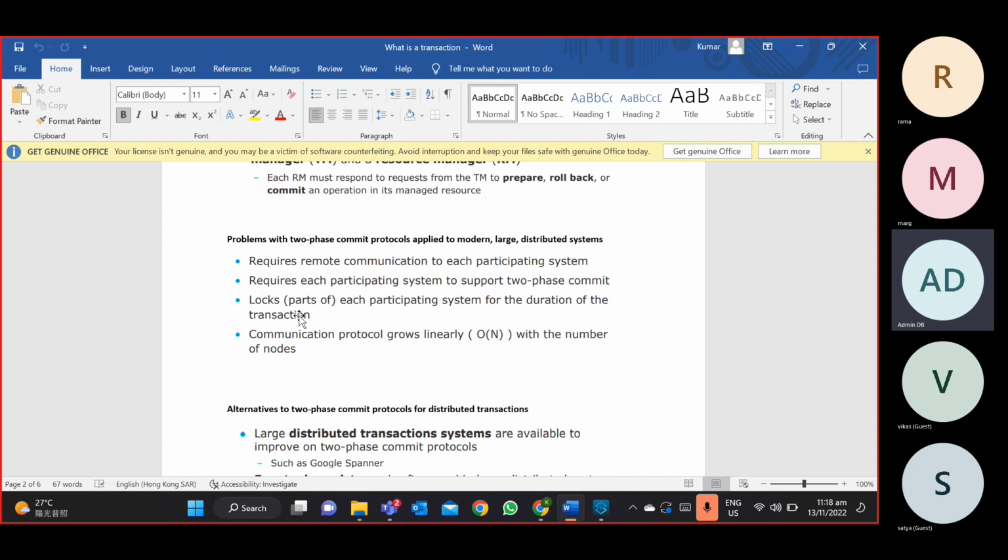In short, if you are participating in a transaction and operating on some set of records, when you start the transaction, those records will be locked by the transaction manager. None of the other applications will be able to update those records.